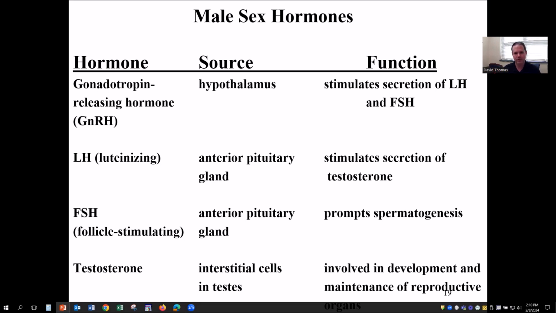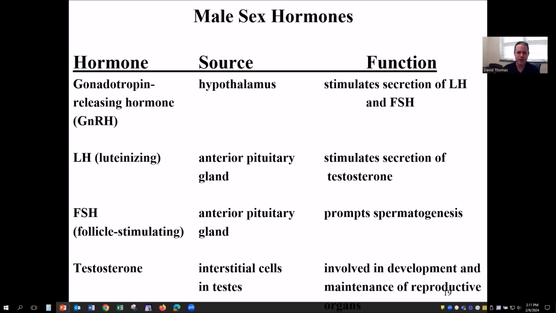It starts the pathway, because GnRH goes through that portal area from the hypothalamus down to the pituitary gland, the anterior lobe of it, where it stimulates the production and release of LH, the luteinizing hormone, and FSH, follicle stimulating hormone.